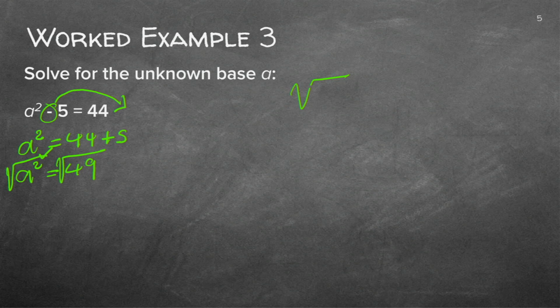Only the square root, we don't write the 2 there. So the square root of a squared will be a, and this equals 7, because 7 times 7 gives you 49. So that is why the square root of 49 is given by 7.